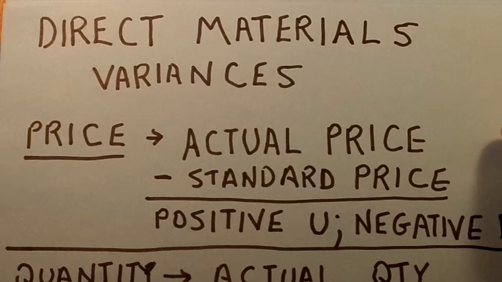So one type of variance that we deal with is known as direct materials variances. And here we have two variances. One is the price variance, and another is the quantity variance.